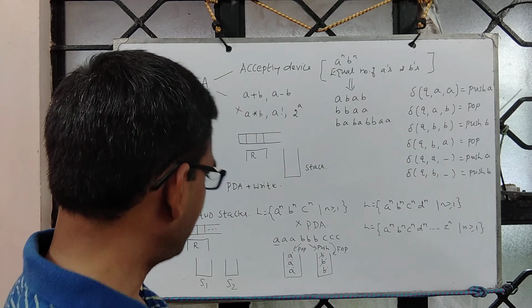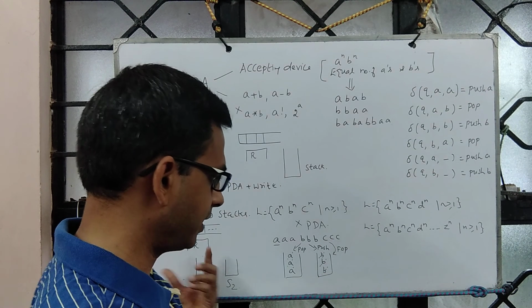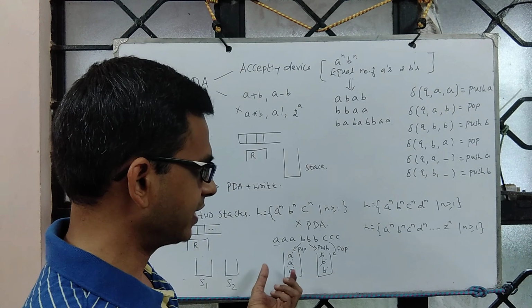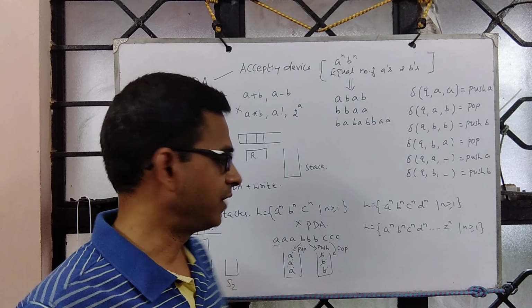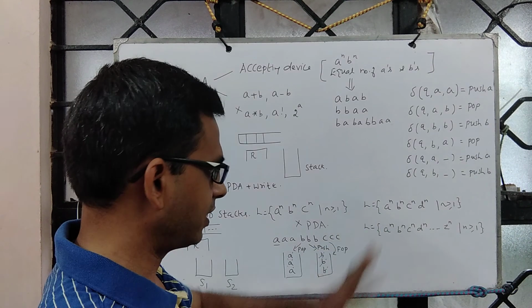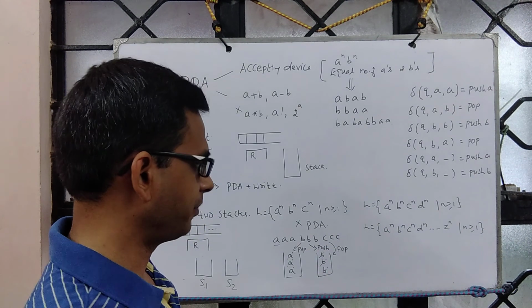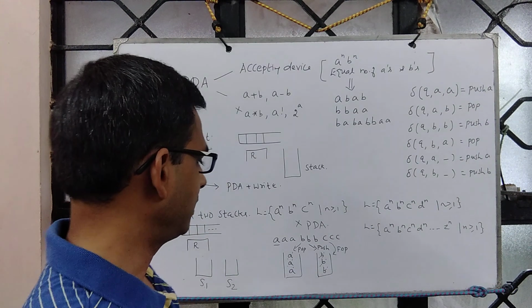So now you see that just by introducing one more stack, it has received an enormous computational power, and it starts accepting many well-known languages. And all this has got implications in the design of programming languages, in particular in the design of parser.